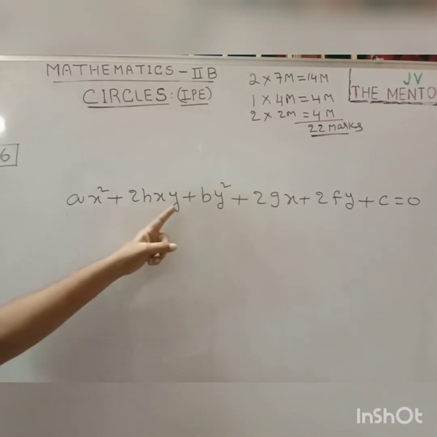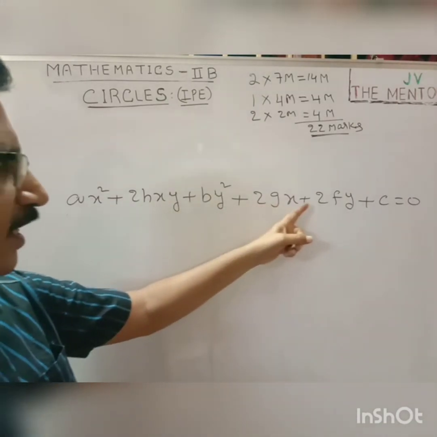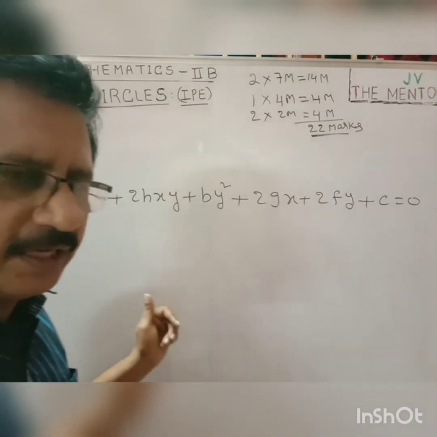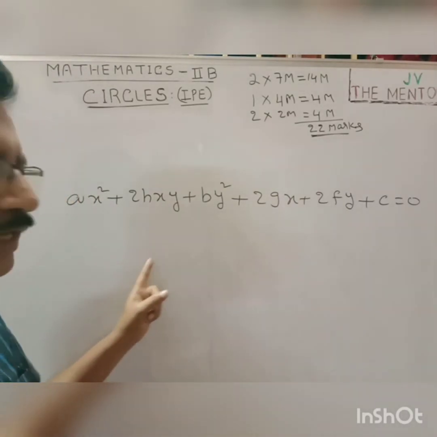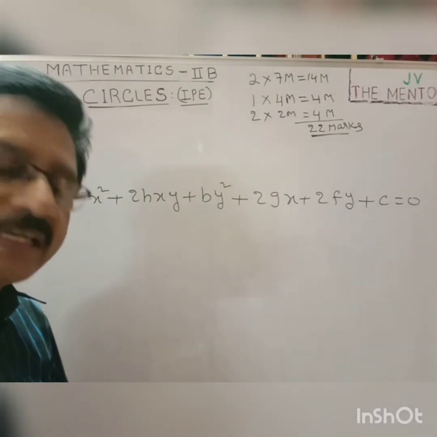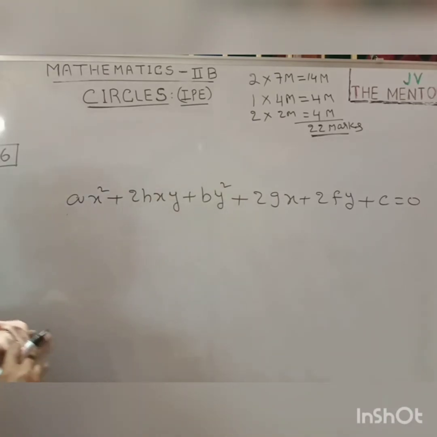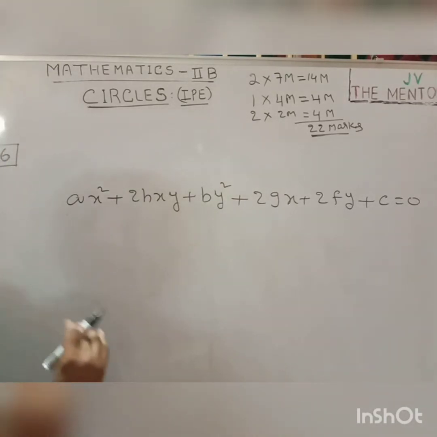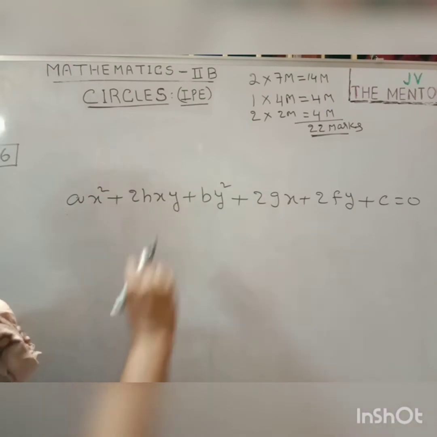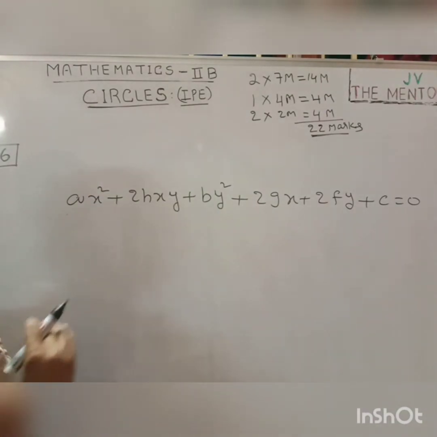This is the standard form of the second degree non-homogeneous equation. When does this equation represent a circle?